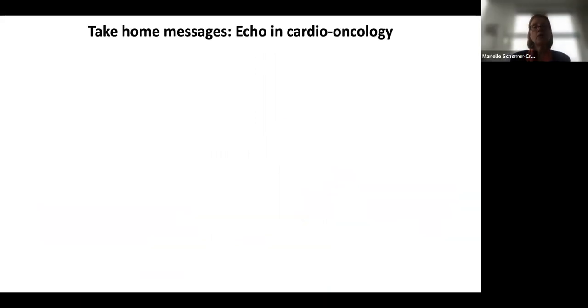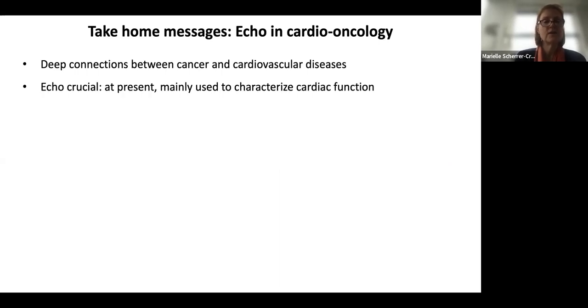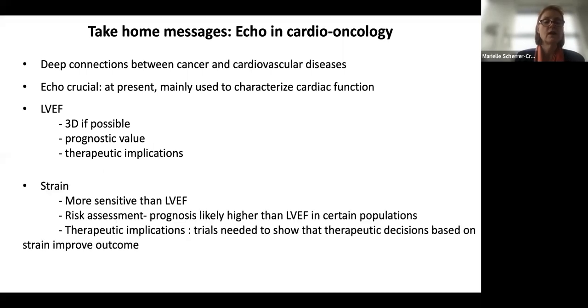So those are the take-home messages of this talk, Echo in cardio-oncology. I hope I have convinced you that there are deep connections between cancer and cardiovascular diseases, that Echo is crucial, and at present it's mainly used to characterize cardiac function. The 3D LVEF, if it's possible, does have prognostic value and therapeutic implications. The strain is more sensitive than the LVEF, I have no doubt about that. For risk assessment, I do think it has a role in patients with cancer treatment.